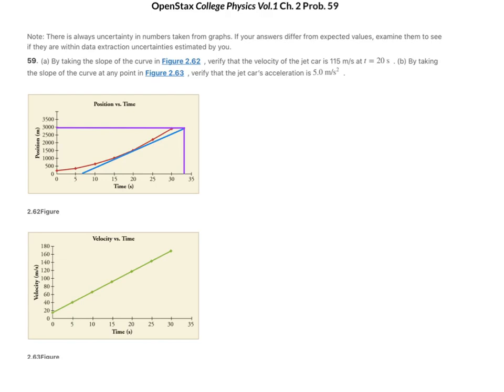So I'm looking for a velocity, and velocity means that I want the delta y divided by the delta t. I want the y-axis divided by the x-axis. On the y-axis, I have almost 3,000 meters.